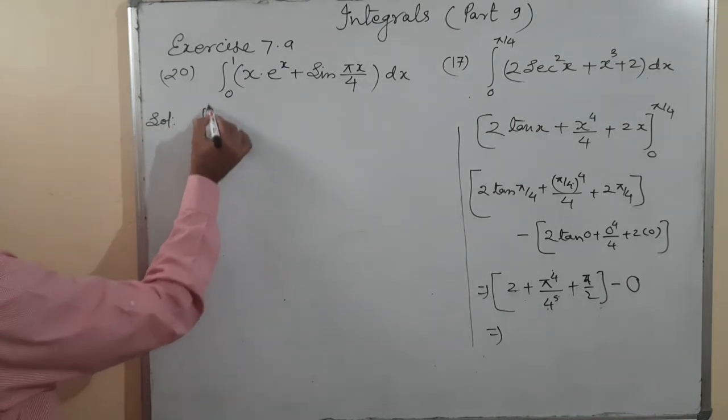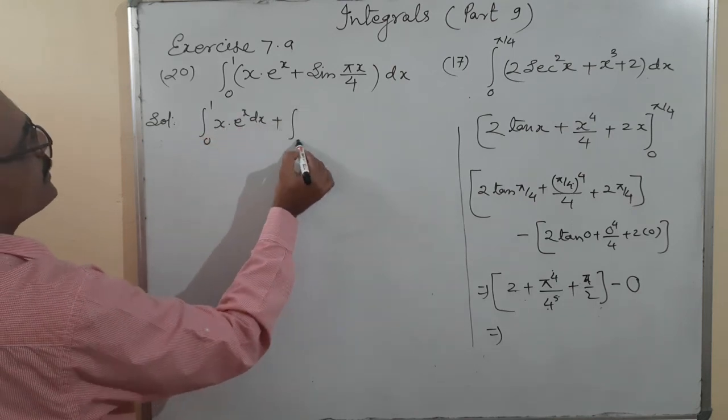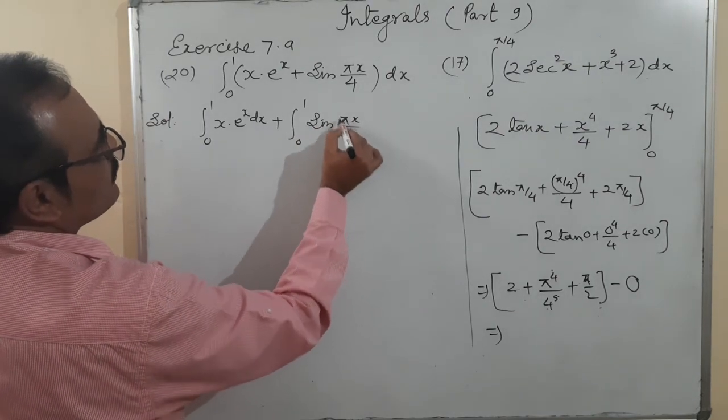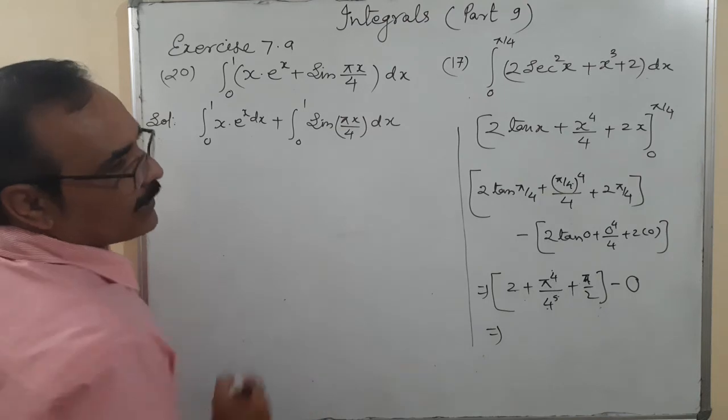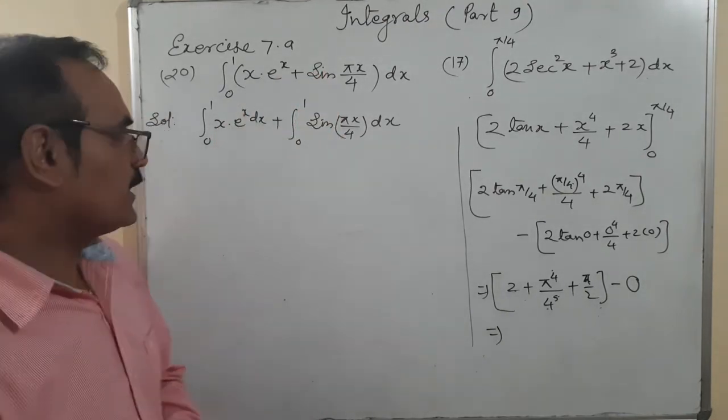I am writing here the integral from 0 to 1 of x into e to the power x dx plus the integral from 0 to 1 of sin(pi x by 4) dx. The two terms are there. I have written it as two integrals.